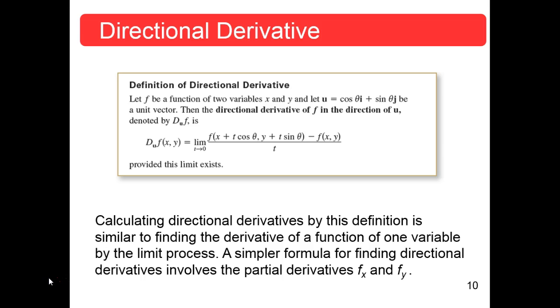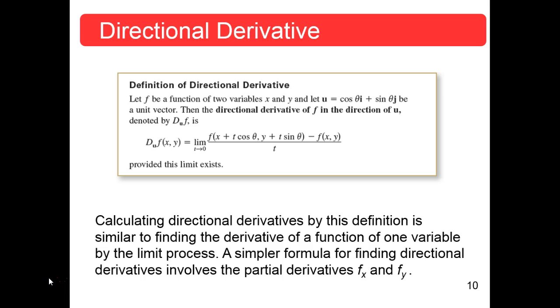It's the f I'm talking about. That's the value of your z above this x and y value. X plus t cosine theta, that's the Q place. Y plus t sine theta, that's the y coordinate of your Q vector.